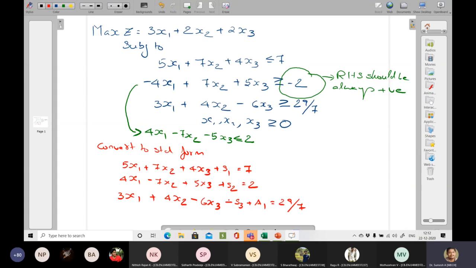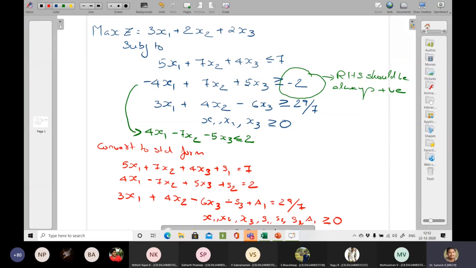And you can add the non-negativity constraints: x1, x2, x3, s1, s2, s3, a1 greater than or equal to 0.